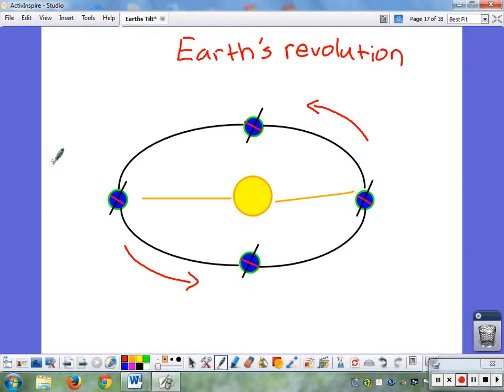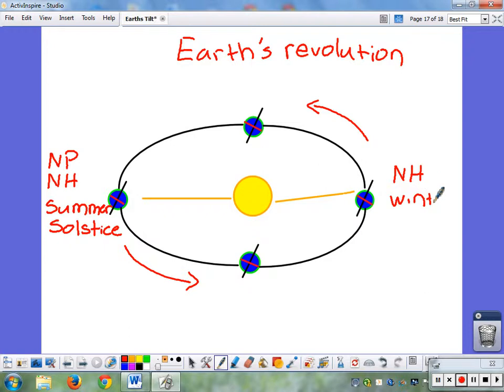In this diagram right here, the North Pole, or the northern hemisphere, is tilted toward the sun, so this would be summer. This particular day is the summer solstice. If we go directly across from that, half a year later, now the South Pole is pointed toward the sun, so the northern hemisphere would be at its winter solstice.